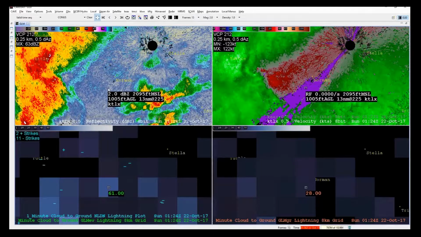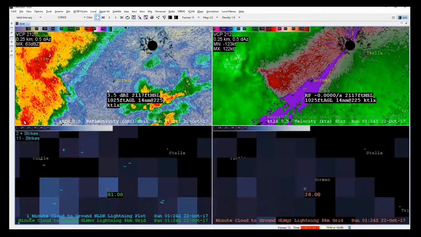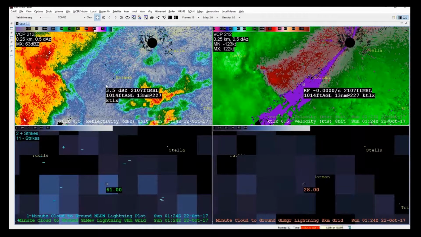So that particular cell, again, this is about an hour earlier than the Seminole tornado we just saw, but a very similar situation. The environment is very favorable. You have this embedded supercell within a line, and right off the bat, you certainly have a very interesting reflectivity notch on the front side of it.